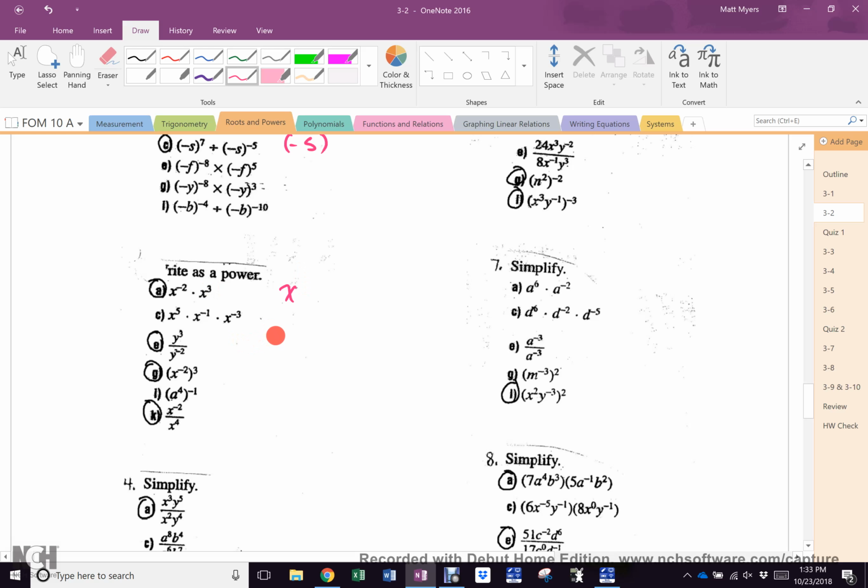Y over 1 over y to the power 3 minus 2. 1 over y to the power 5. No need for 1 over. Because 3 minus 2 is the same as 3 plus 2, which is 5.